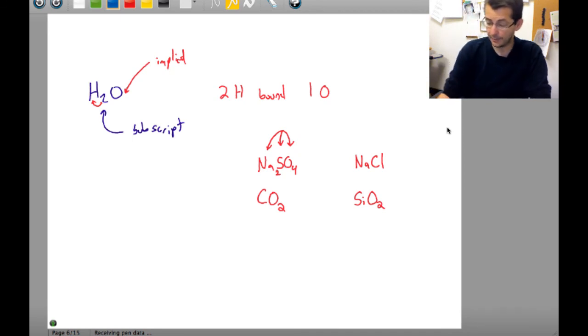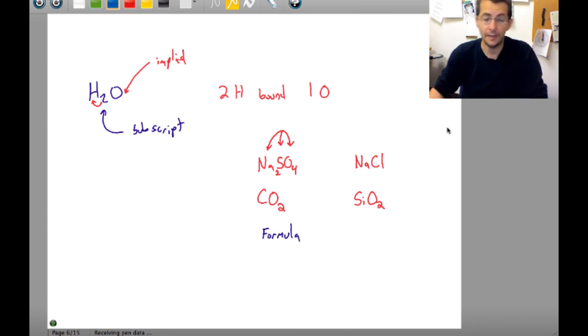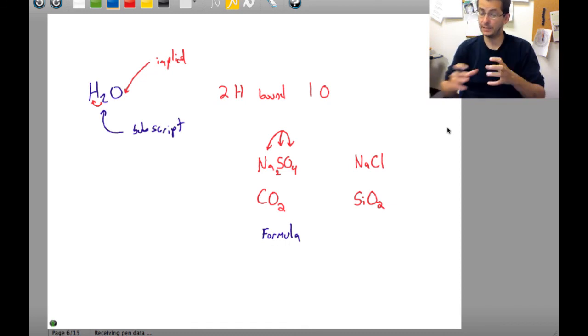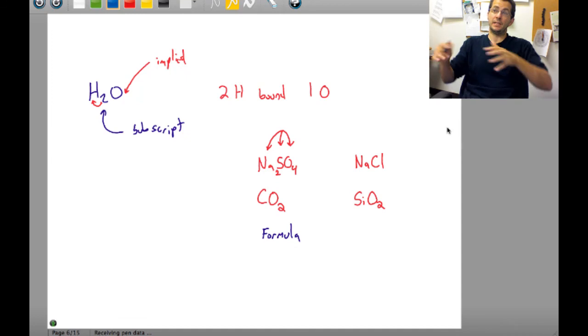So these are chemical formulas, and they represent atom ratios. And those atom ratios are either discrete molecules, groups of atoms held together, or network solids, or ionic solids, which exist as groups of atoms that are all held together, usually by electrostatic interactions.